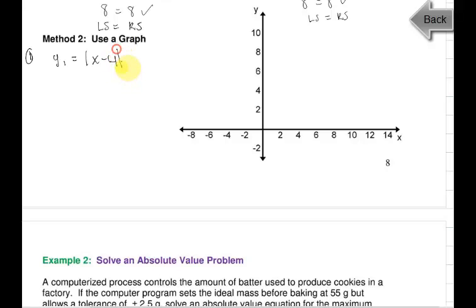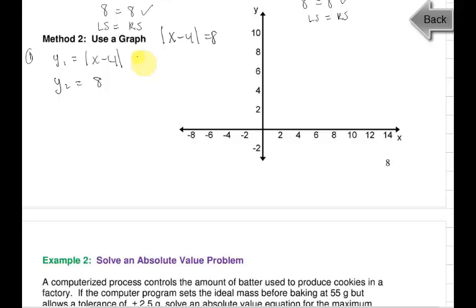So that means the absolute value of x minus 4. Remember this is your original, absolute value of x minus 4 equals 8 is the original equation. And then for y2 you're going to enter in 8.